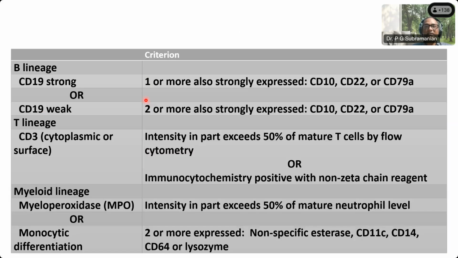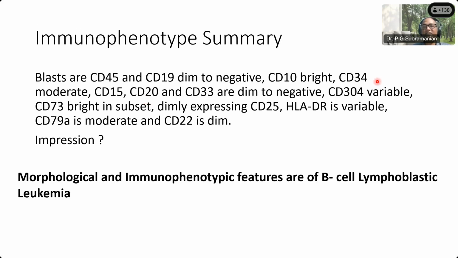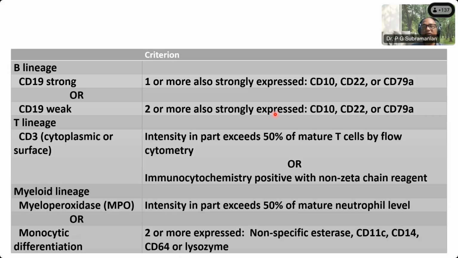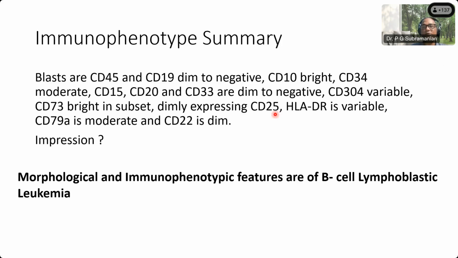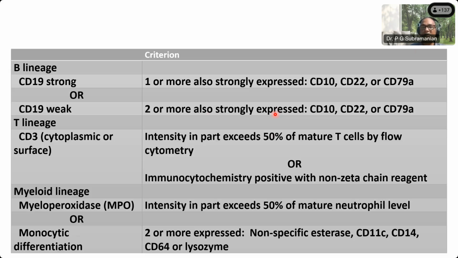The other thing that is important is that whenever we get CD34 so homogeneous in a B-ALL expressing CD25, there is a very high chance that the patient will have a BCR-ABL. That is also one of the ways of looking at it, because the immunophenotype also suggests what can be the possible genetic lesion.